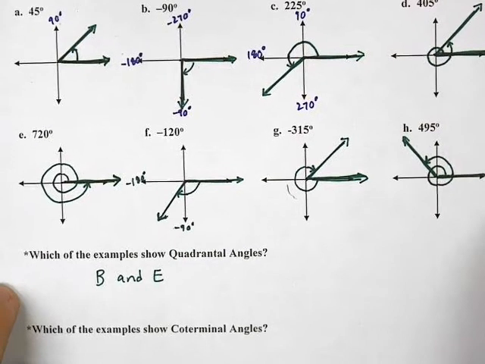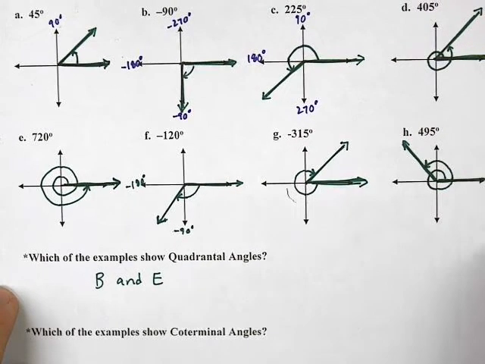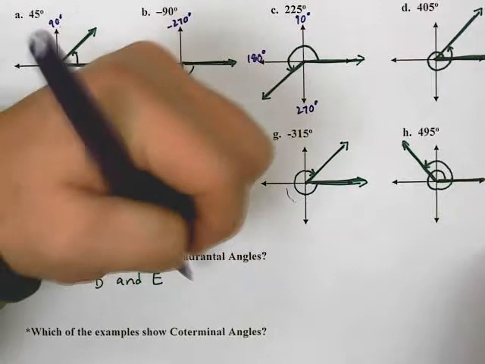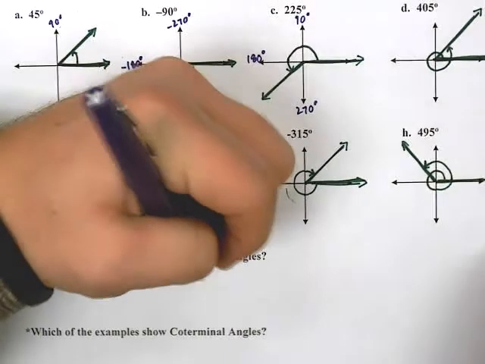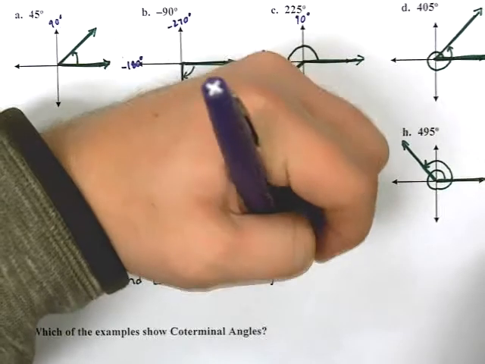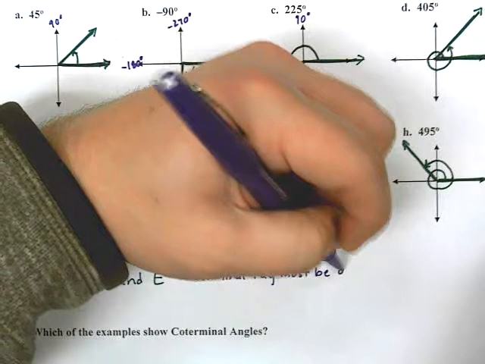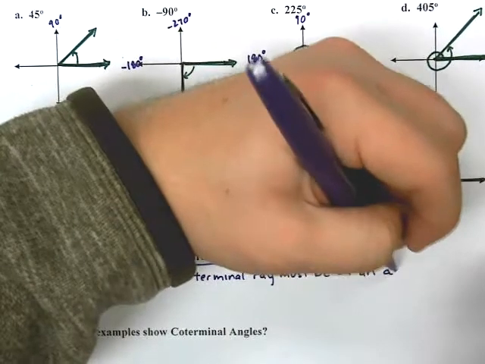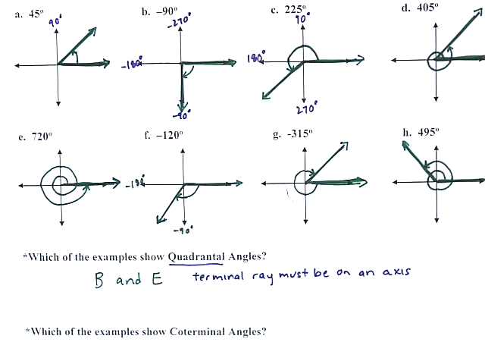Hopefully you said something about the axes, all right? And really what I want you to understand is a quadrantal angle, the terminal ray must be on an axis. All right? Terminal ray must be on an axis.